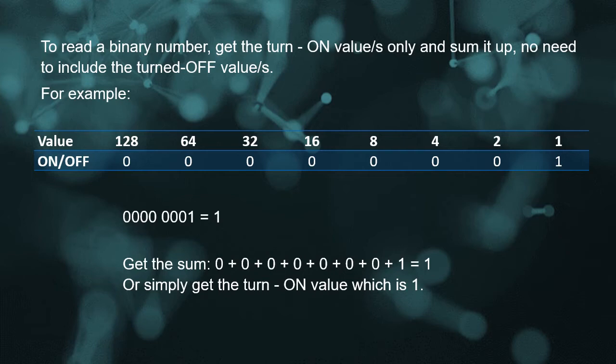So for our example here, 0, 0, 0, 0, 0, and we have the last one. Meaning the turn-on value is 1 only.